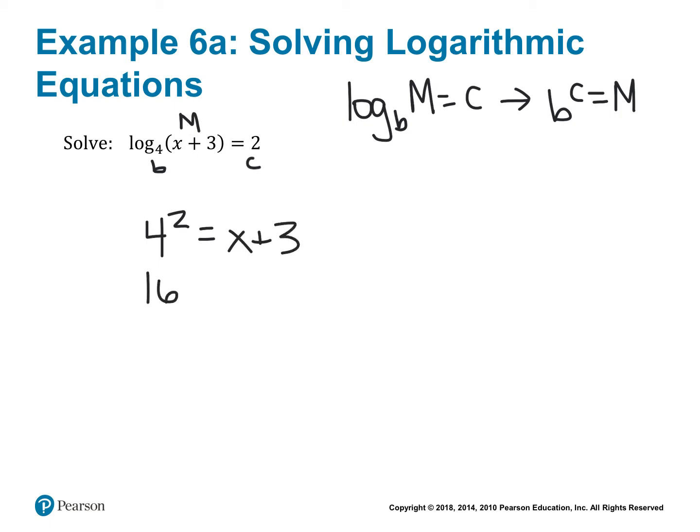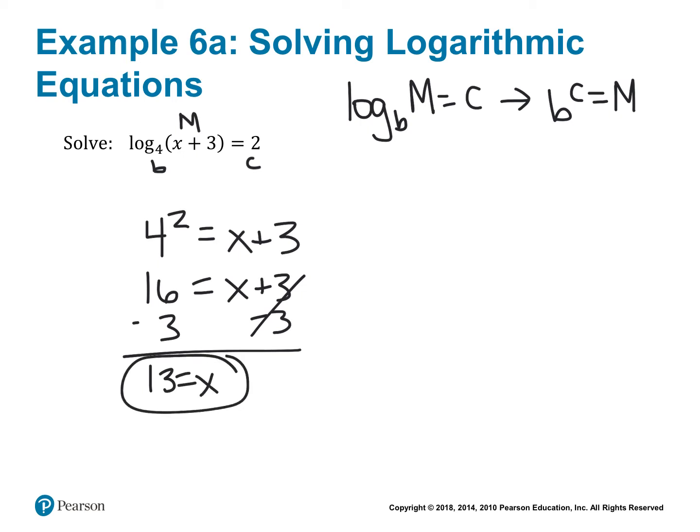So that's 16 equals x plus 3, minus the 3 over. That means 13 equals x. Now we're going to check this to make sure it works. If I have log base 4, I replace the x with 13, plus 3 equals 2.